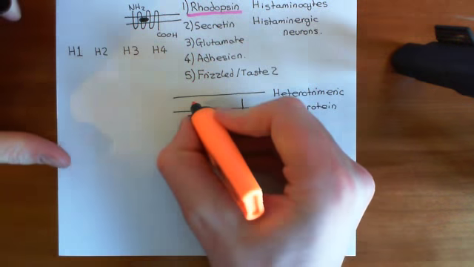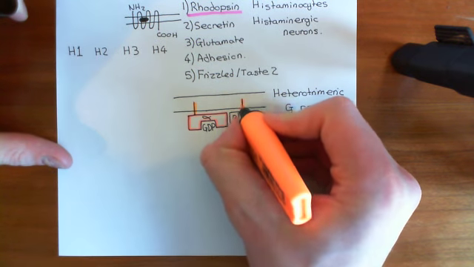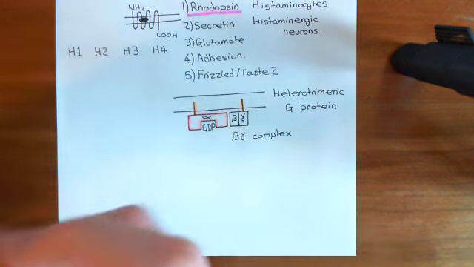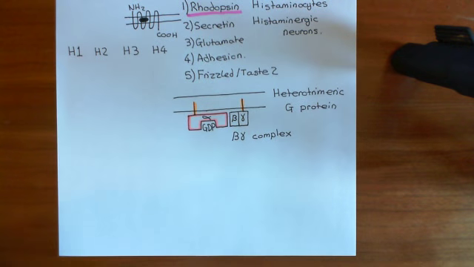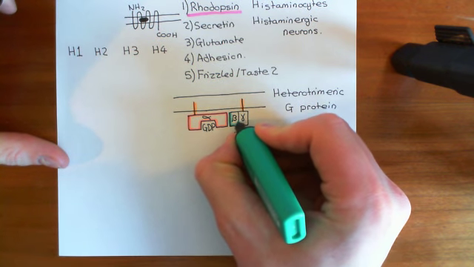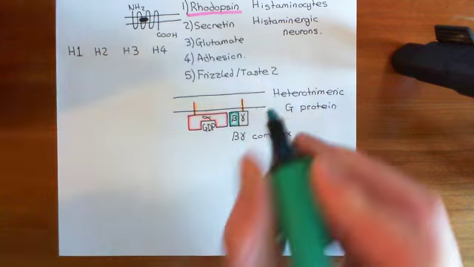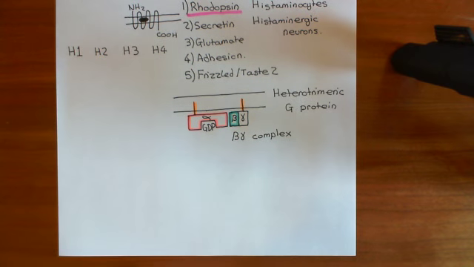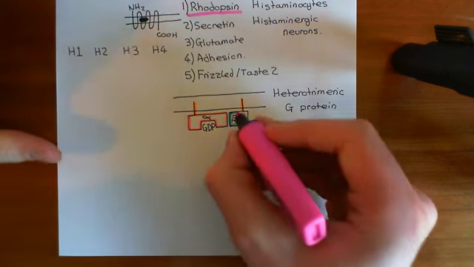These two lipid molecules are the reason that both the beta-gamma complex and the alpha subunit are held at the phospholipid bilayer. Now, when the alpha subunit has GDP bound, the beta-gamma complex will associate with the alpha subunit here.